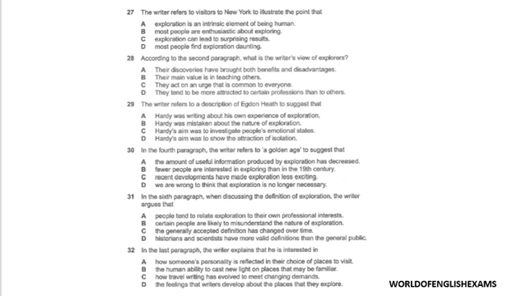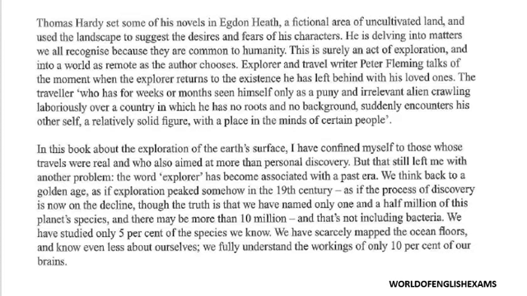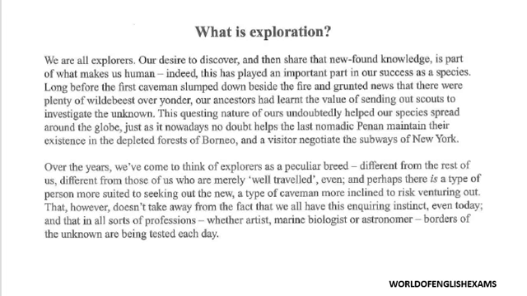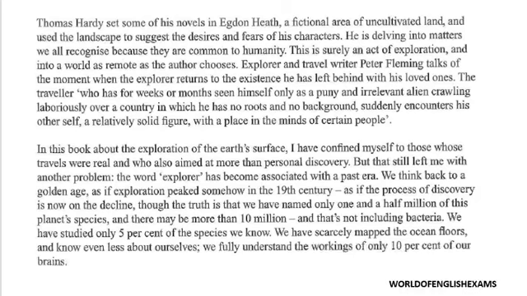So let's look at question number 29. The writer refers to a description of Edgin Heath to suggest that. So the writer is writing something about Edgin Heath. So what is the point that he wants to make? So this is our clue: Edgin Heath. So let's see. Now this is the second paragraph. I'm done with reading that. So let's proceed to the third one.